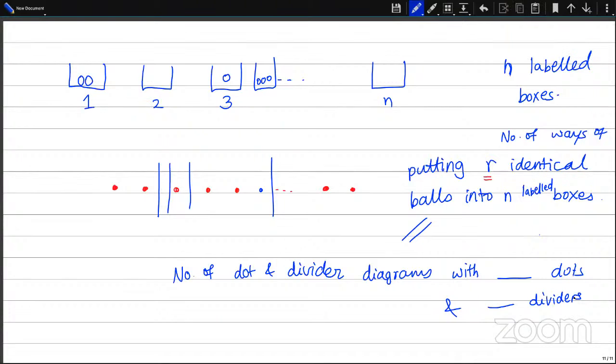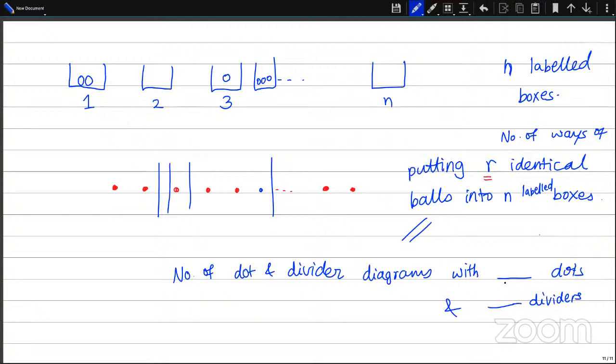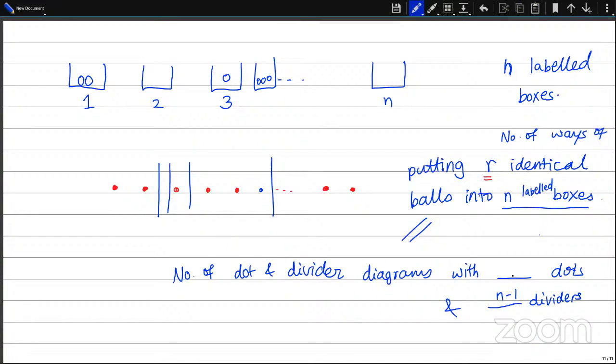N minus 1 dividers, because there are N boxes, so the dividers are separating the boxes here. That is N minus 1. Dots is R, because there are R balls.